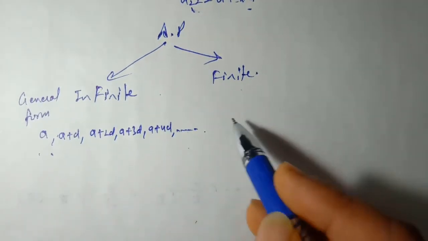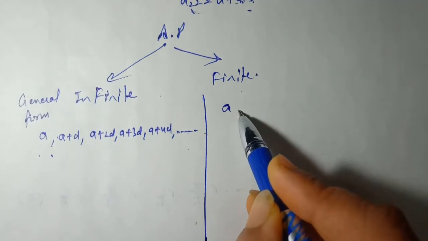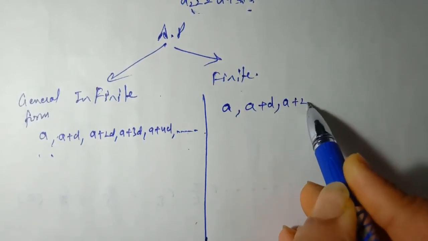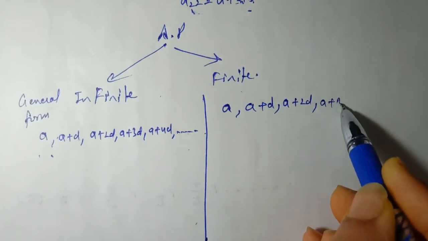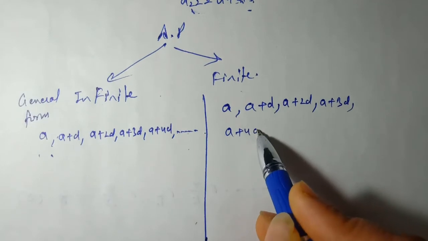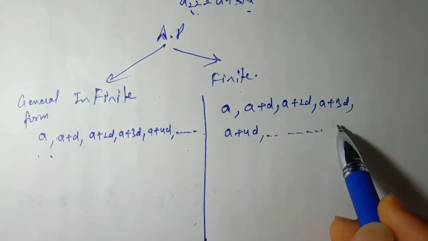Now come to the finite. If we have to write the finite series, then the first term we know is a, second term a plus d, a plus 2d, a plus 3d, a plus 4d, and somewhere at the last we know the last term.